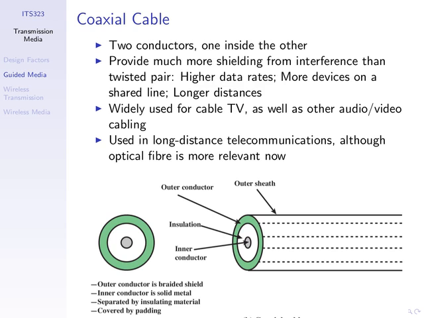So there's a cost involved in using different technologies, and that's why twisted pair is still commonly used. It's much cheaper, even though it doesn't provide these higher data rates and longer distances. For the purposes we need it for, it's suitable. So coaxial cable is not used so much in local area networks or even wide area data networks.